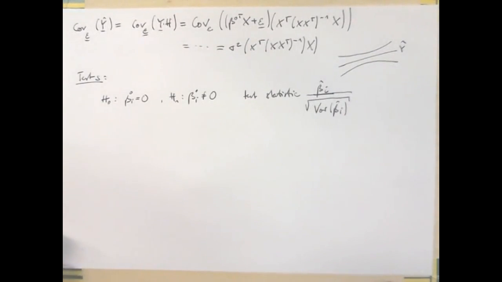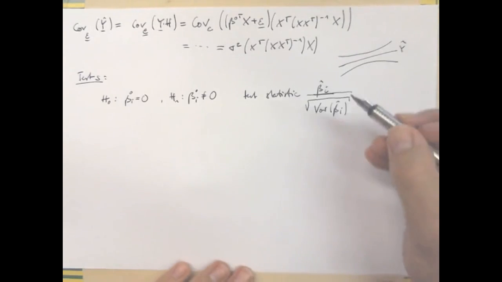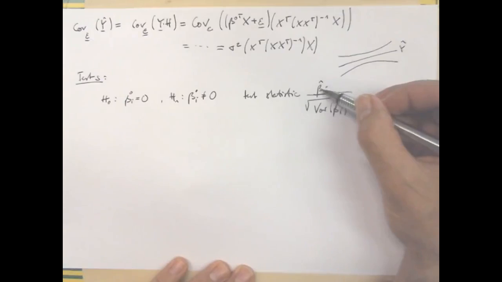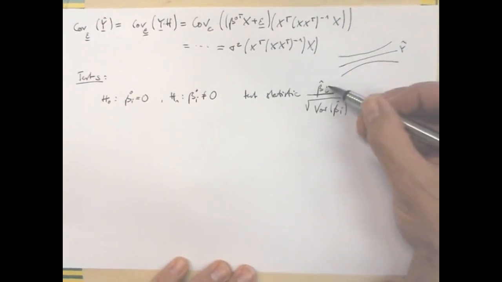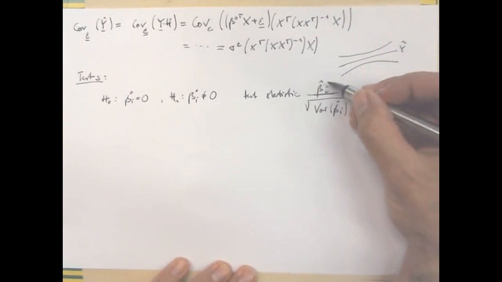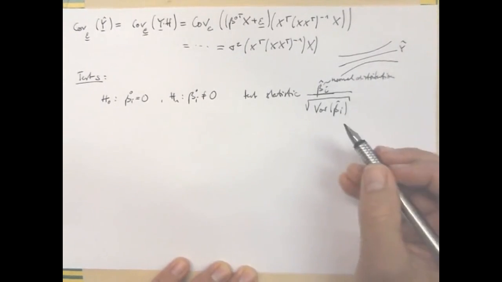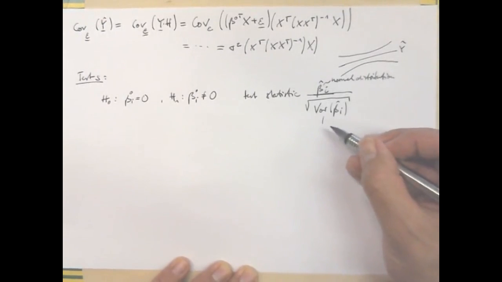And if you now make additional assumptions, so if you assume that your error term was Gaussian, then if you obtain beta by a series of linear operations, you find that beta is also Gaussian. So this will have a normal distribution. And then the variance here will have a chi-square distribution.